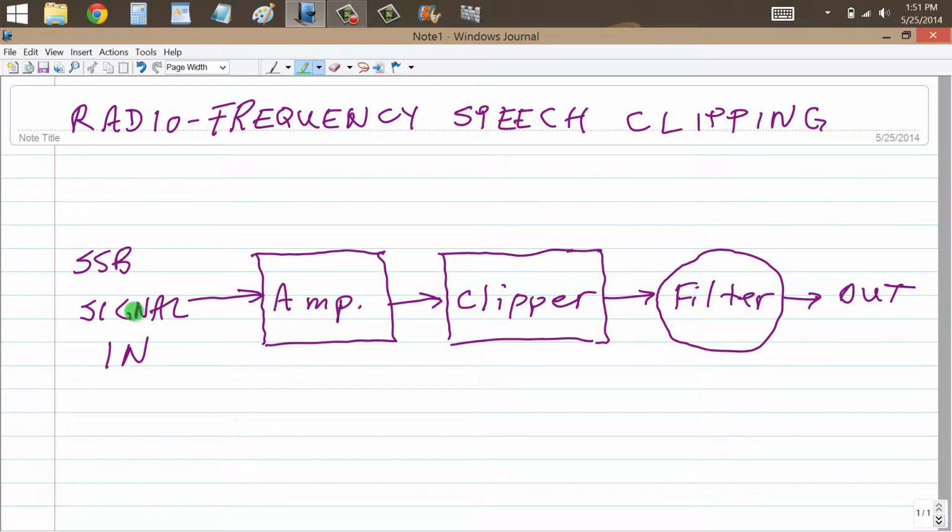This is similar to audio speech compression, except it's done in the radio frequency or intermediate frequency stages of a single sideband transmitter.